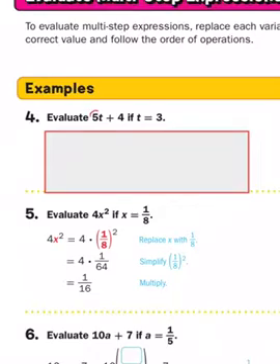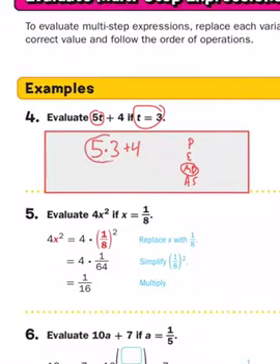First thing, for 5 times t, you rewrite that as 5 times 3 plus 4, because t equals 3, right? Then you have to remember to follow PEMDAS. So when you follow PEMDAS, remember, you multiply before you add. So I'm going to do 5 times 3, which is 15, plus 4, which is 19.